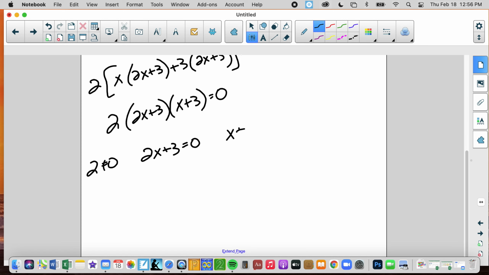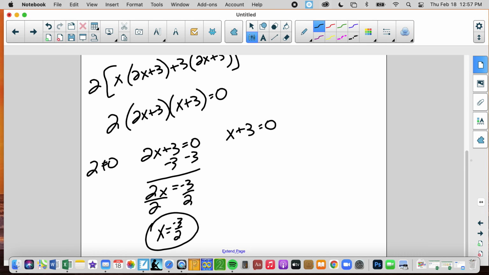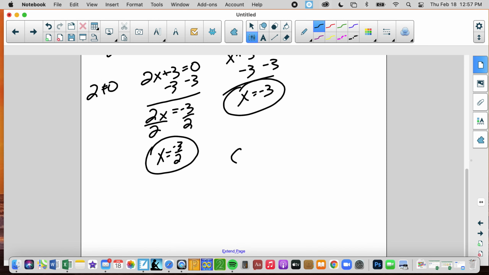A variable expression, however, can equal 0. Minus 3. 2x equals negative 3 divided by 2. X equals negative 3 halves. Minus 3. And my solutions are negative 3, negative 3 halves.